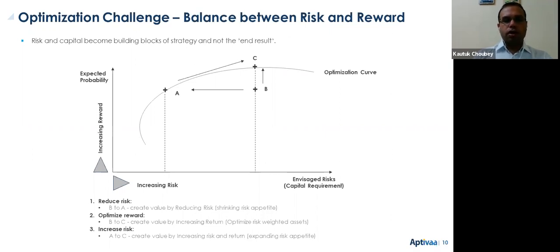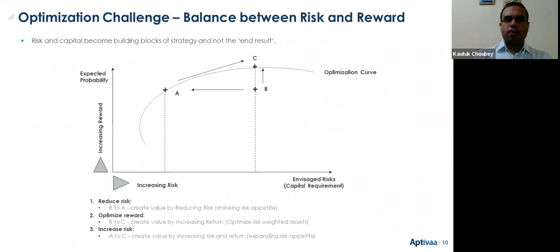Now, the third type of strategy, which is the most risk-adjusted strategy in terms of its uses and application, is the increase in risk. By this, the bank or a financial organization moves on both cohorts. It continues to grow on its loan book and its balance sheet size, but the risk measures also tend to be deployed, because obviously the risk is going to increase.